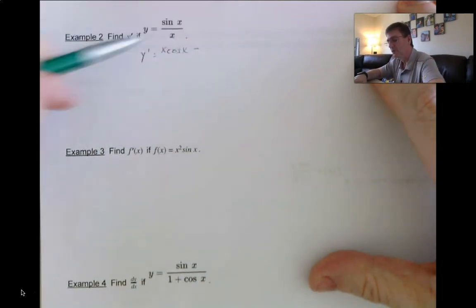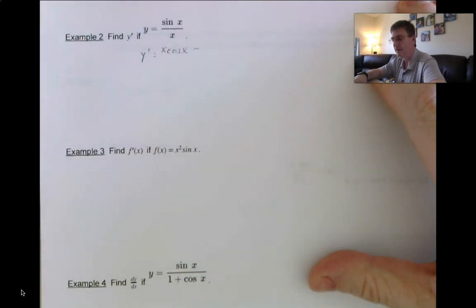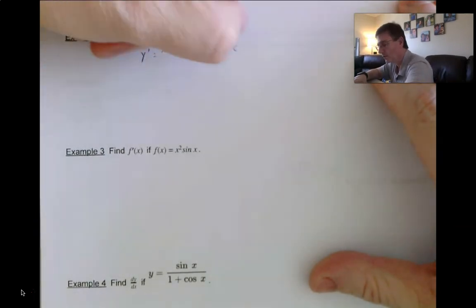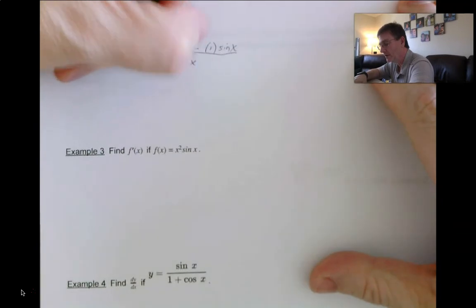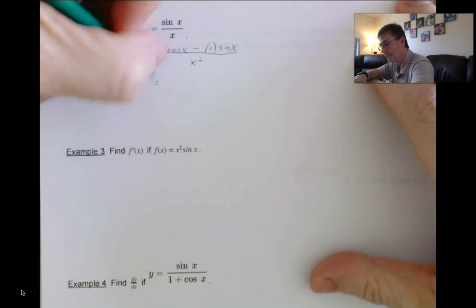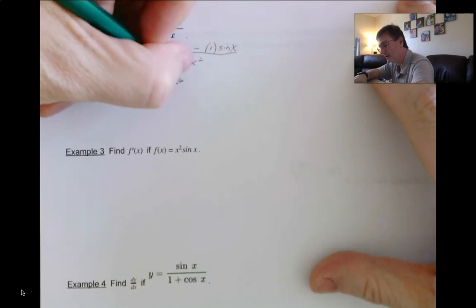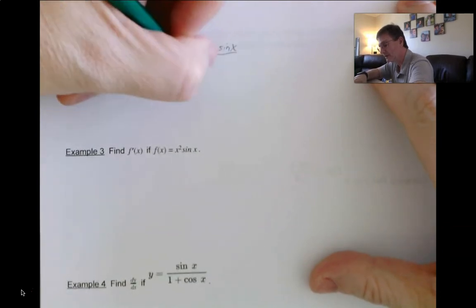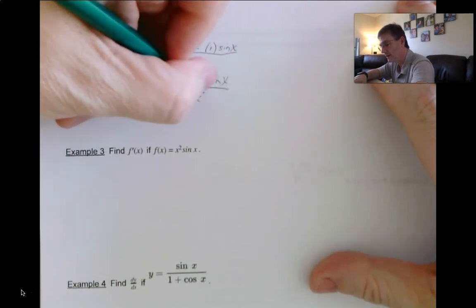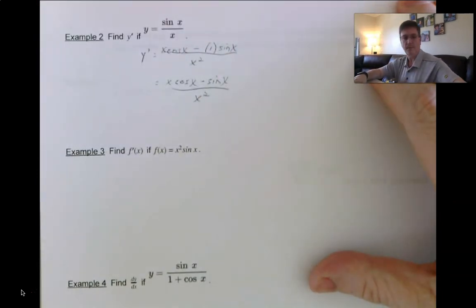Minus derivative of the bottom is 1 times the top. I'm actually going to write the 1 in just so that you see it. Times the top, which is sine of x, over the denominator squared. And the rest is just cleaning it up. x cosine of x minus sine of x over x squared.